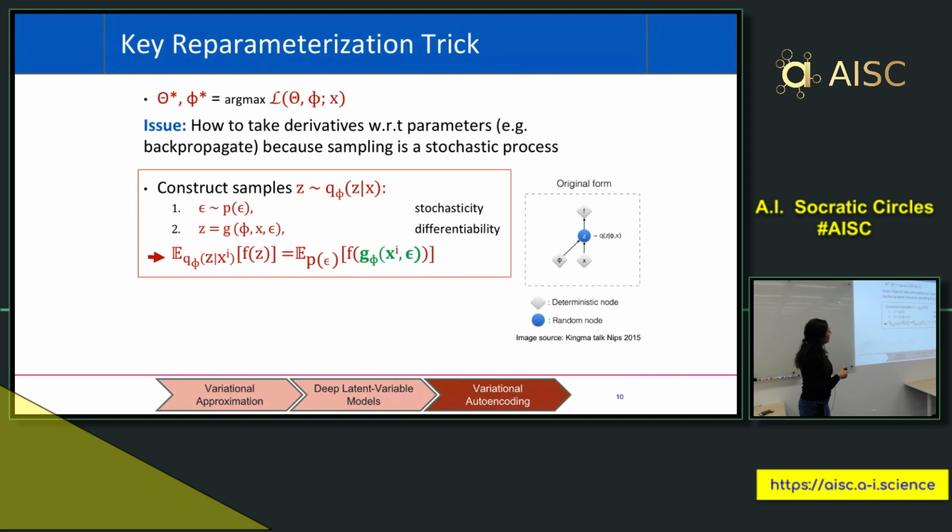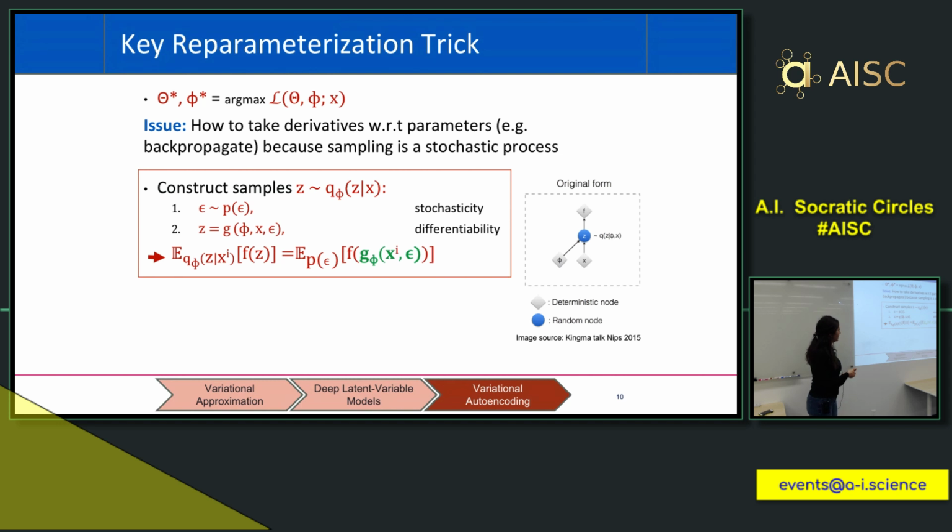So the expectation of f of z with respect to the posterior approximation equals this. I just replaced the z with this deterministic function. So you're already trying to find a function that shows what z is, right?